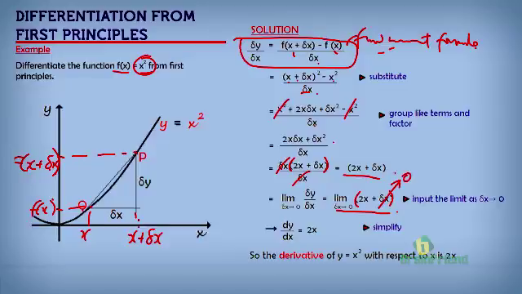And if we do that, we'll be left with 2x alone. So our dy dx, which is our derivative, that is dx of y, of course our function, which is x squared, is equal to 2x. Therefore, the derivative of y equals x squared with respect to x is 2x.